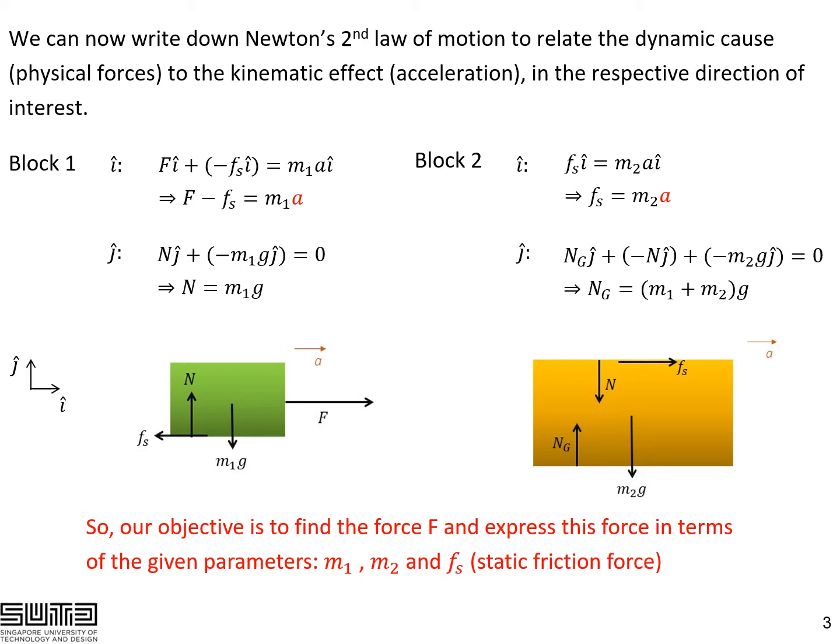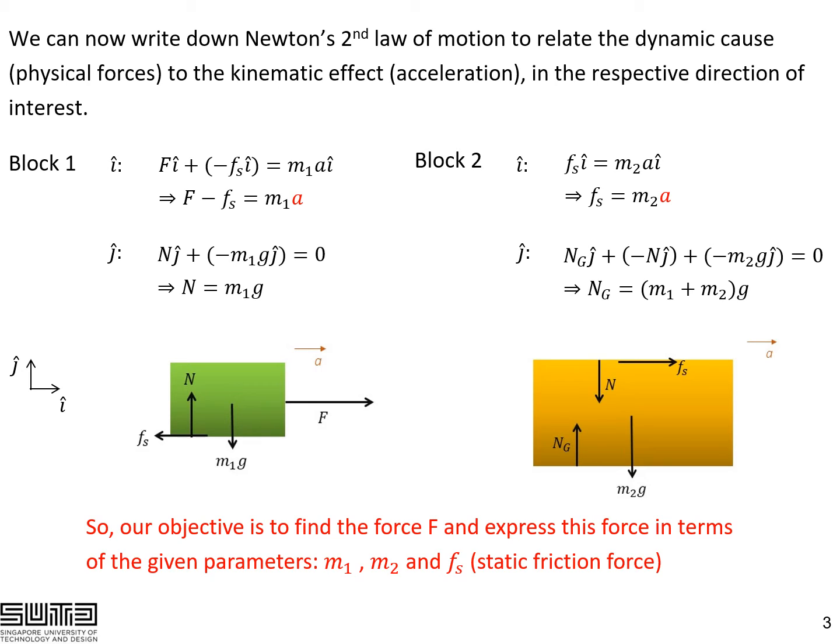Now we can proceed to write down Newton's second law of motion, which is essentially a force balance equation in the x and y directions. There is no motion in the y direction, and there is only a common motion in the x direction for both blocks. Here we shall employ the standard vectors associated with the x and y axes, namely the vector i and the vector j.